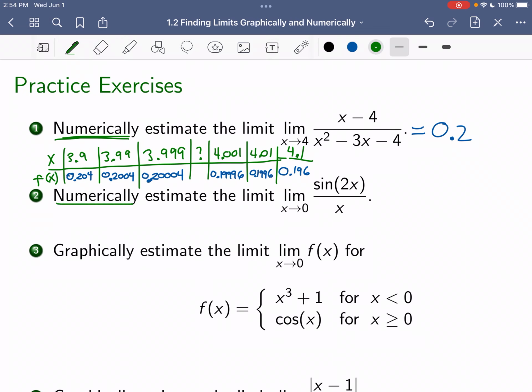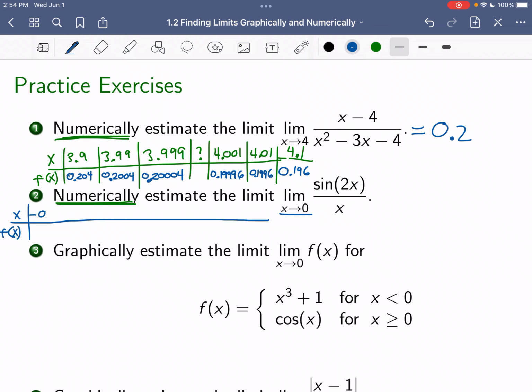Problem 2, we are also asked to numerically estimate a limit. Here we have the limit of sine of 2x over x as x approaches 0. So we will take values of x that are a little bit larger than 0 and a little bit smaller than 0.